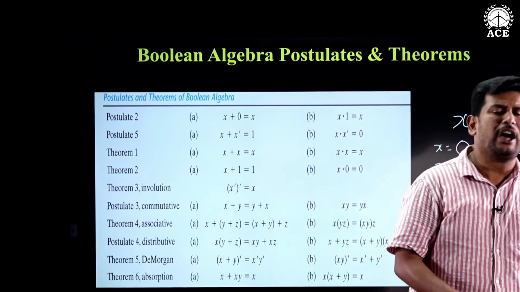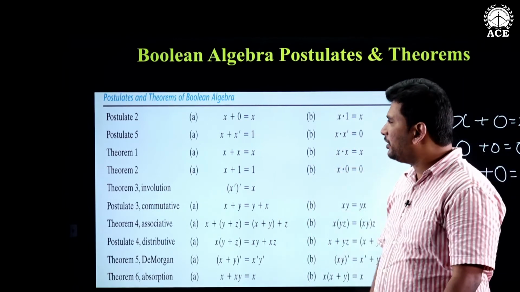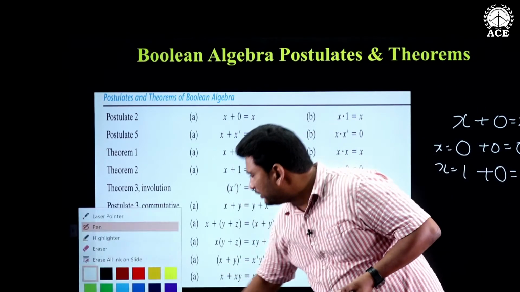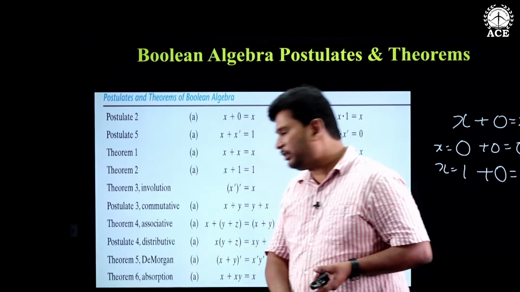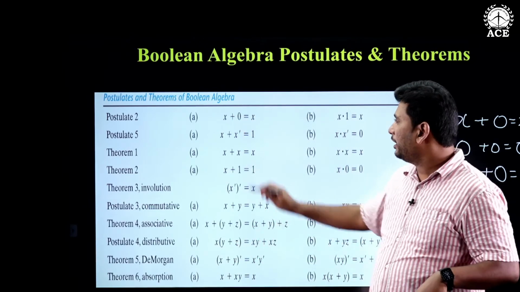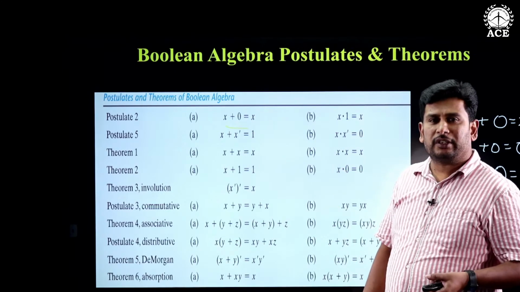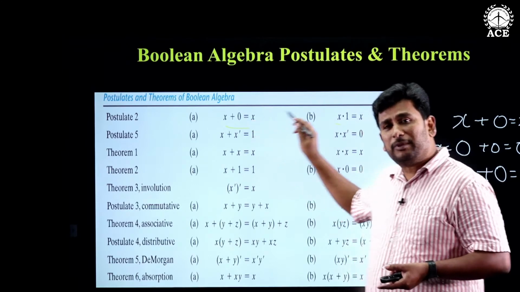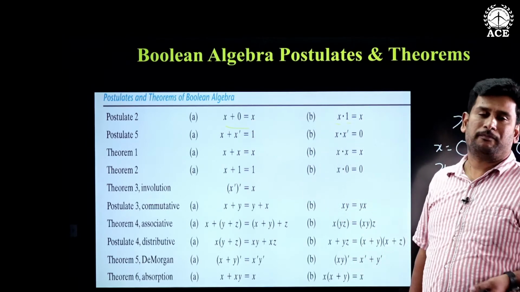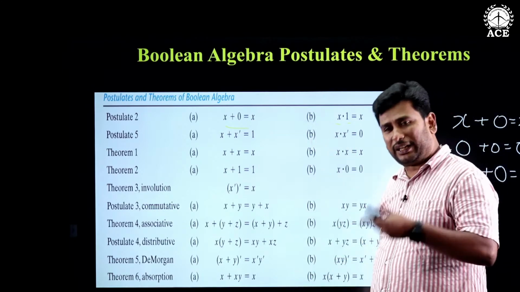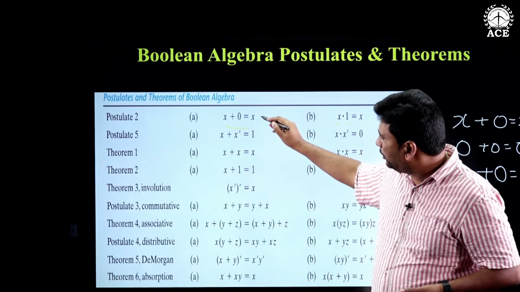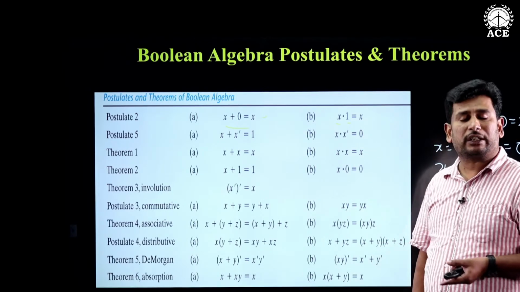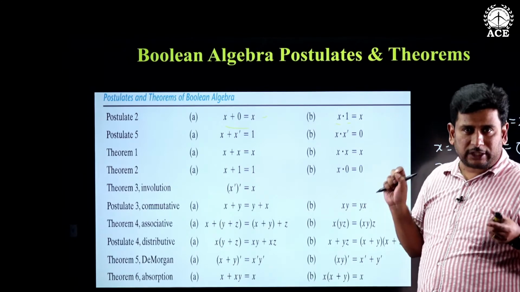Clear with this? Now, the duality of this expression is very simple. Number one, try to replace your binary operator OR with AND. So here X OR with 0 is replaced as X AND with, and 0 will be replaced with the identity element 1. So X OR with 0 equal to X is postulate number 2, and the duality of that particular one is X AND with 1 equal to X. Sounds clear?